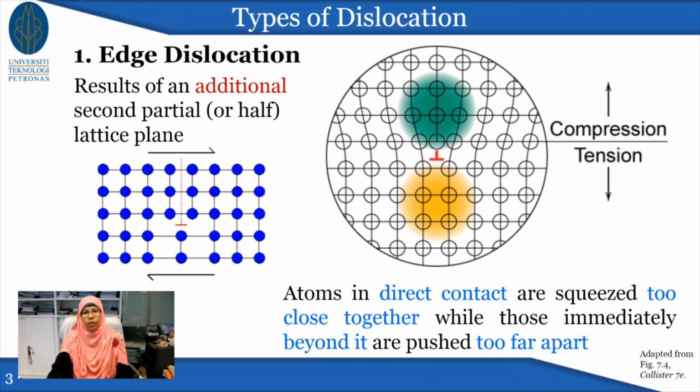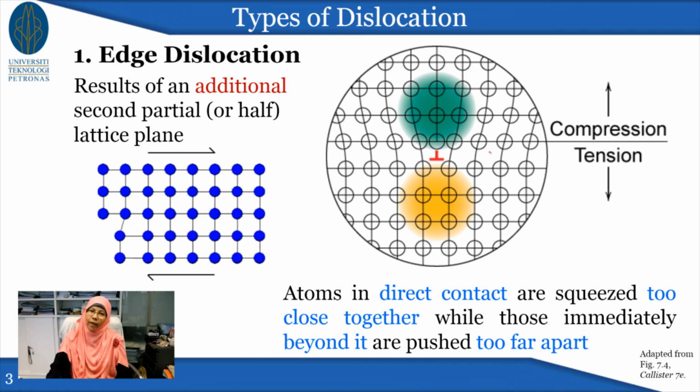So that's why we call the top area, where the edge dislocation is, the compression area, because that extra half plane is compressing the atoms on the sides, while the atoms at the bottom are experiencing tension because they are being pulled apart due to the compression on top.